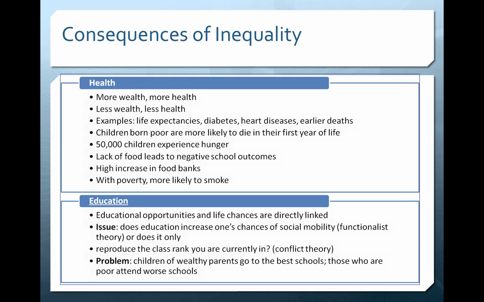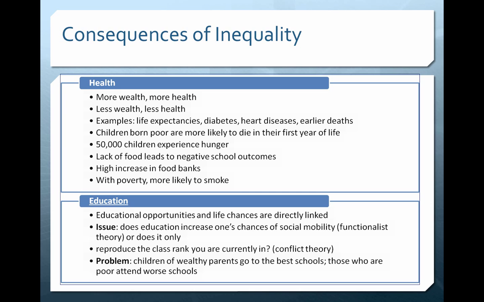And when you think about the amount of food that someone might get and the quality of that food, you can see where it might impact education. And so in terms of education, the issues abound. With more wealth, you have more access, more chances for social mobility, your ability to move up from where you and your parents have been living to where maybe you might live in your future. And so these are very significant consequences.